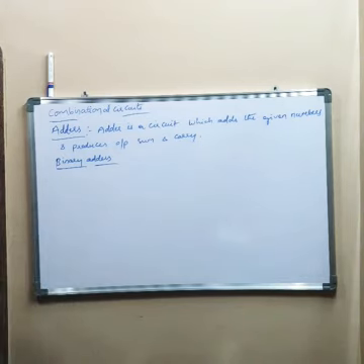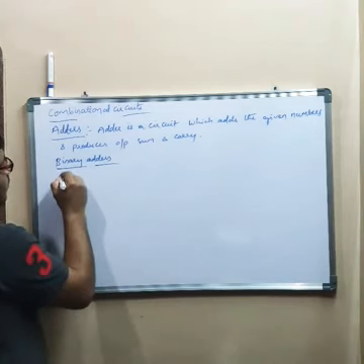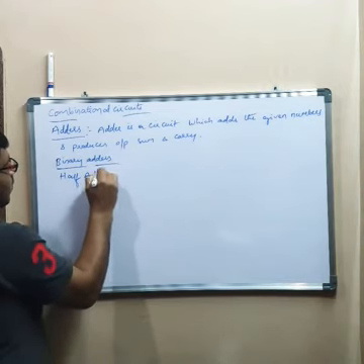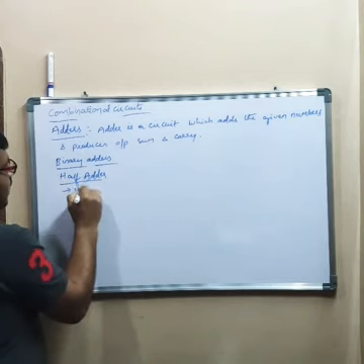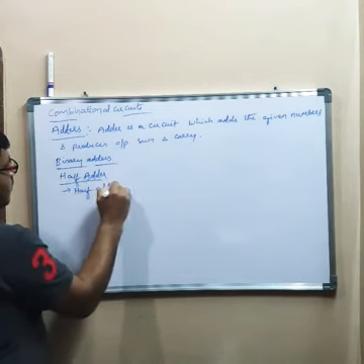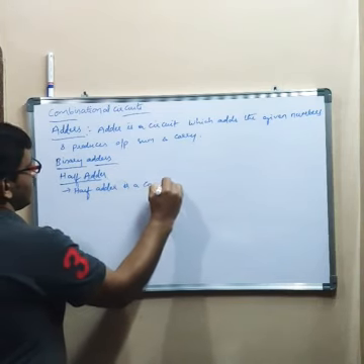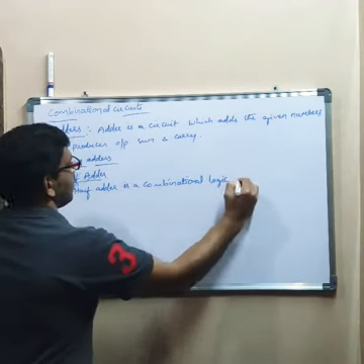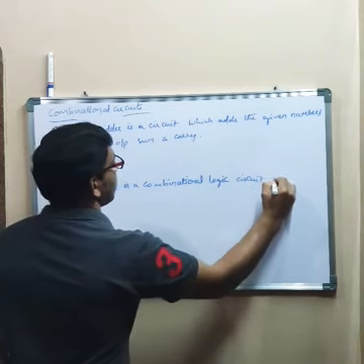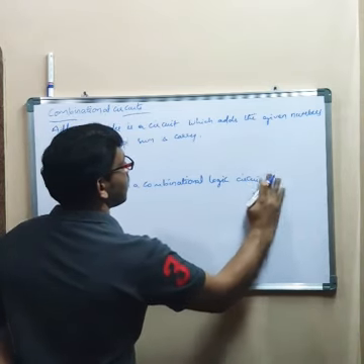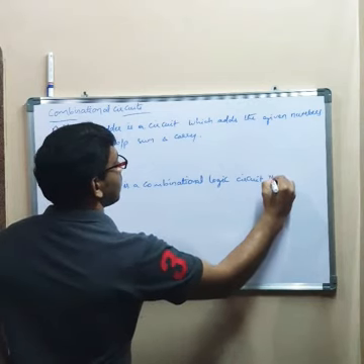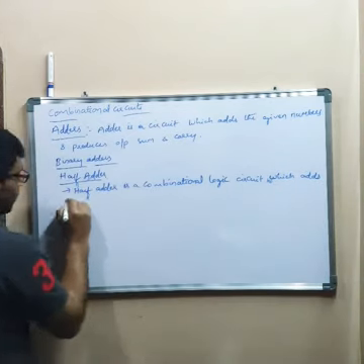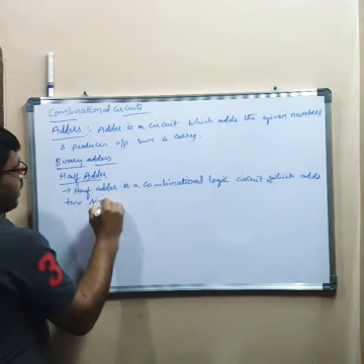First basic adder, the half adder. A half adder is a combinational logic circuit which adds two single bit binary numbers.